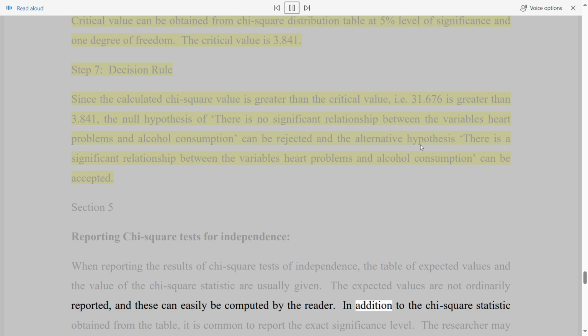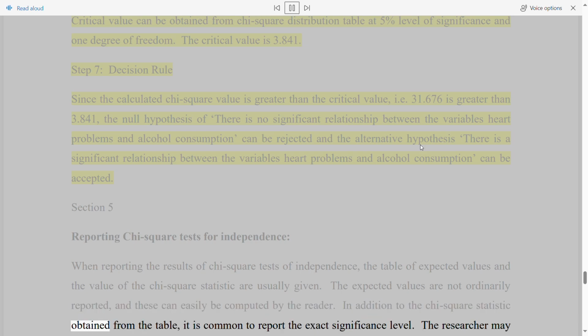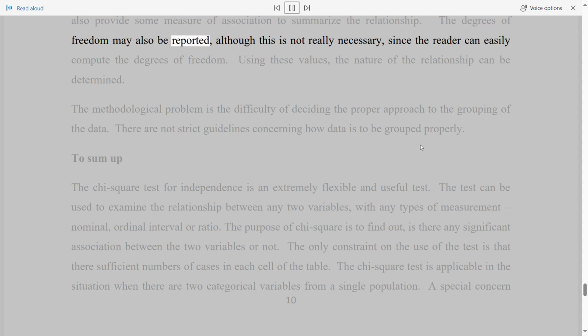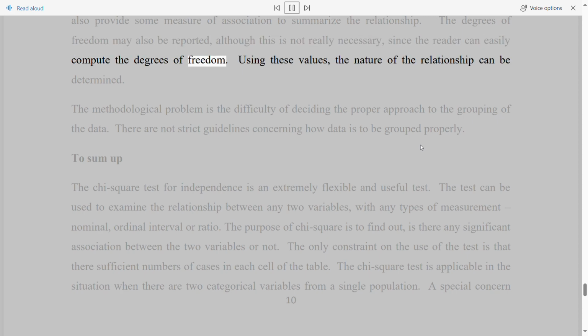In addition to the chi-square statistic obtained from the table, it is common to report the exact significance level. The researcher may also provide some measure of association to summarize the relationship. The degrees of freedom may also be reported, although this is not really necessary, since the reader can easily compute the degrees of freedom. Using these values, the nature of the relationship can be determined.